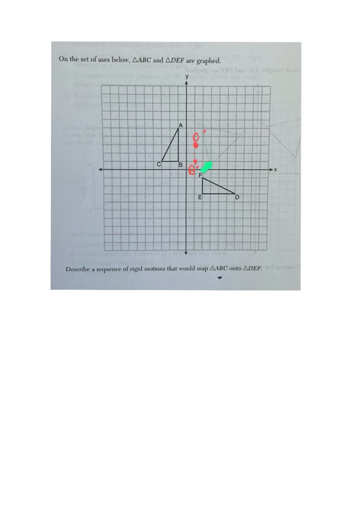So I'm going to go 1, 2, 3, 4 there. So 1, 2, 3, 4, and there will be my A prime. Okay? And then there is my triangle after I've rotated it 90 degrees clockwise.